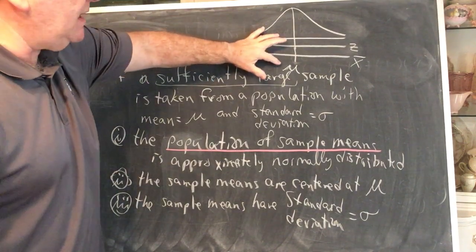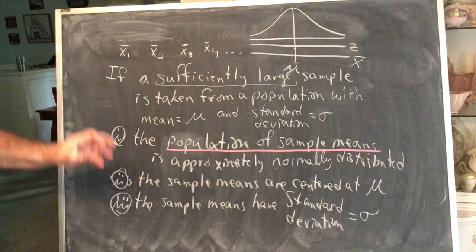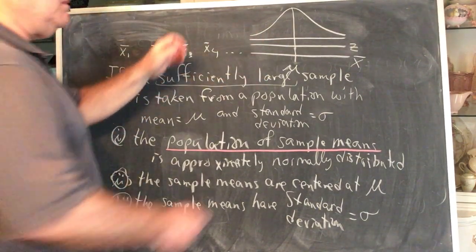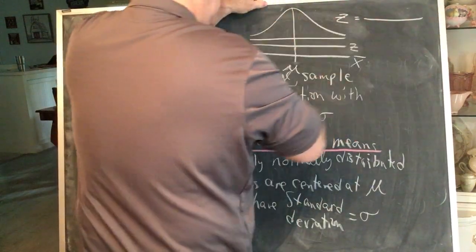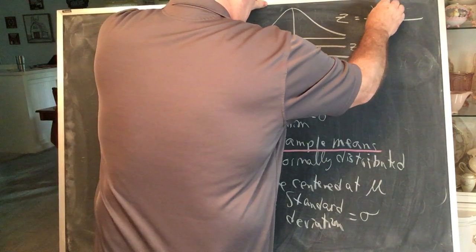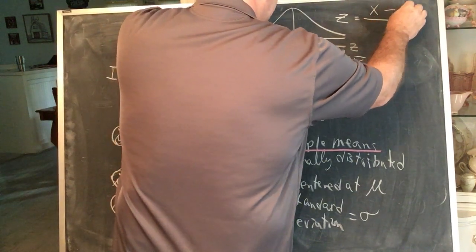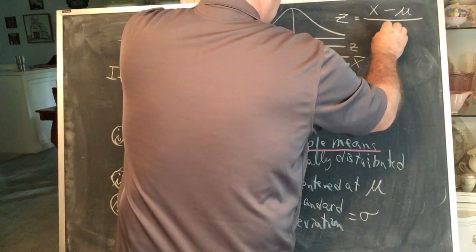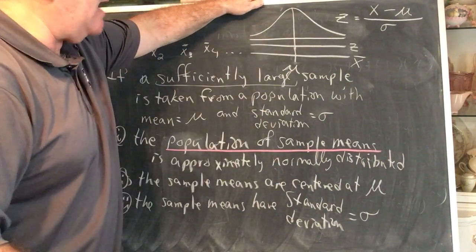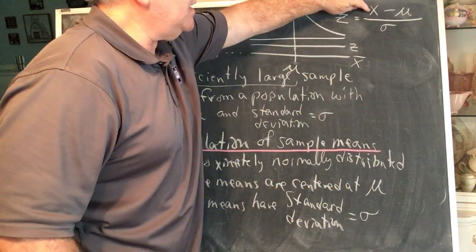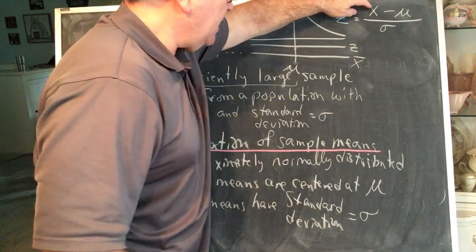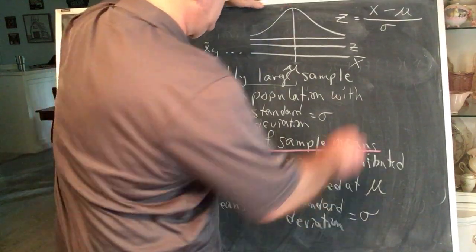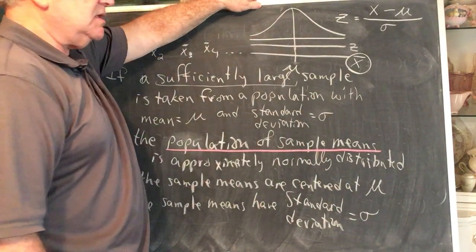And anytime you're going to be dealing with a normal curve, you need to use the standardizing formula. We need to know z is equal to, now before we used x minus mu over sigma. Now why did we use that? This corresponds to the type of data we're working with. In our case, we're not working with raw data values, we're working with x bars.